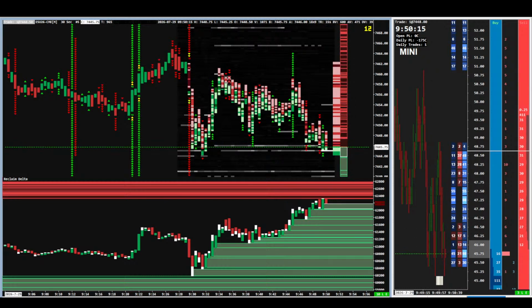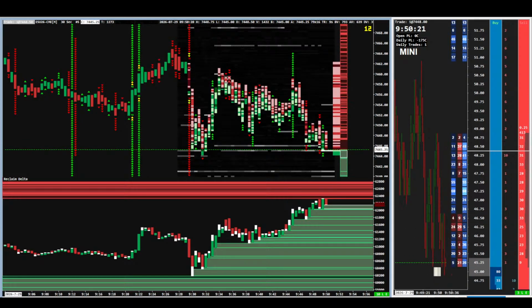Huge divergence here. They've been trading lower for the last 5 minutes, but trending up on the delta.